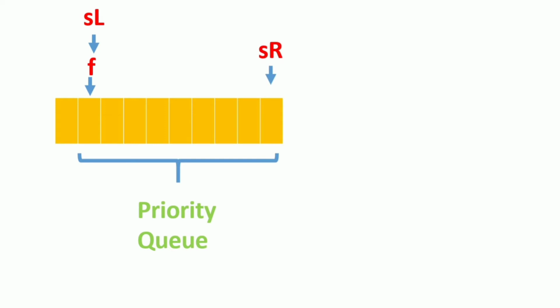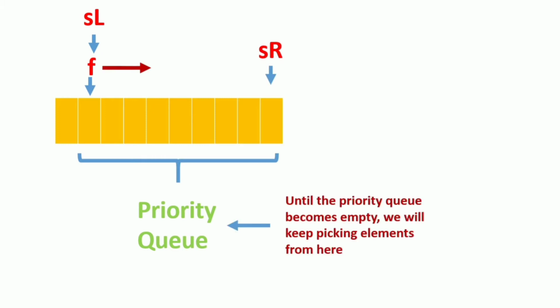We will push all the elements in the range of sl to sr into the priority queue, and now for the second type of queries, we will print the elements from the priority queue and also increase the value of variable f.